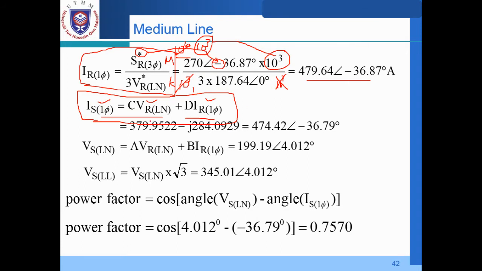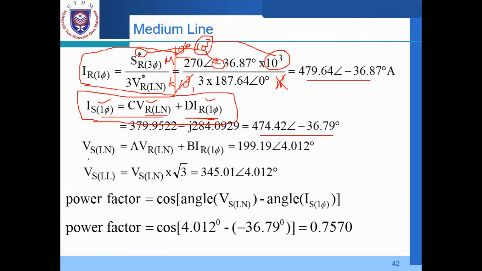So we have C and D, which have been calculated earlier, as well as the VR and IR single phase. So this is the final value of the per phase sending end current.